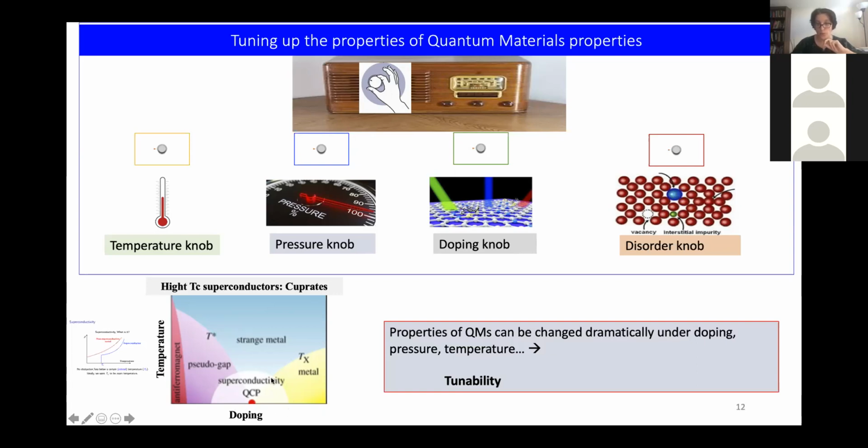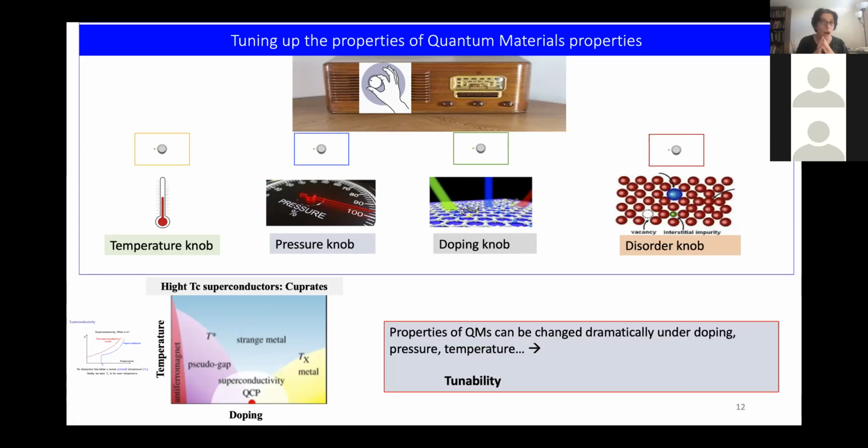So superconductivity can be induced by doping in this material. And then when you heat this up, things go away. Superconductivity gets destroyed and you get into another phase which we call strange metal. So all these different phases of matter have different properties and they can find different applications in technologies.